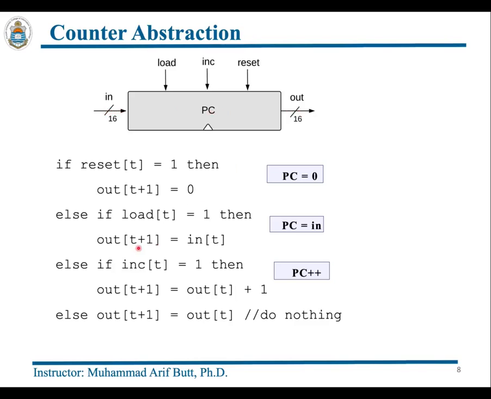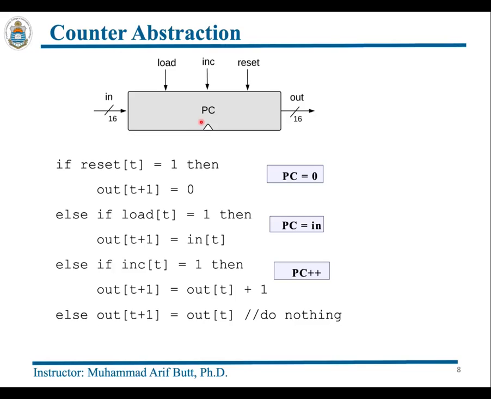And in the next cycle, out at t plus 1, this new value will also be available on this output out. And if the increment at time t is 1, the value inside this program counter is incremented by 1 in the same cycle, and that new incremented value will be available on this out in the next timing cycle, as shown over here. And if all of these are false, then do nothing. No content change will occur inside this program counter.